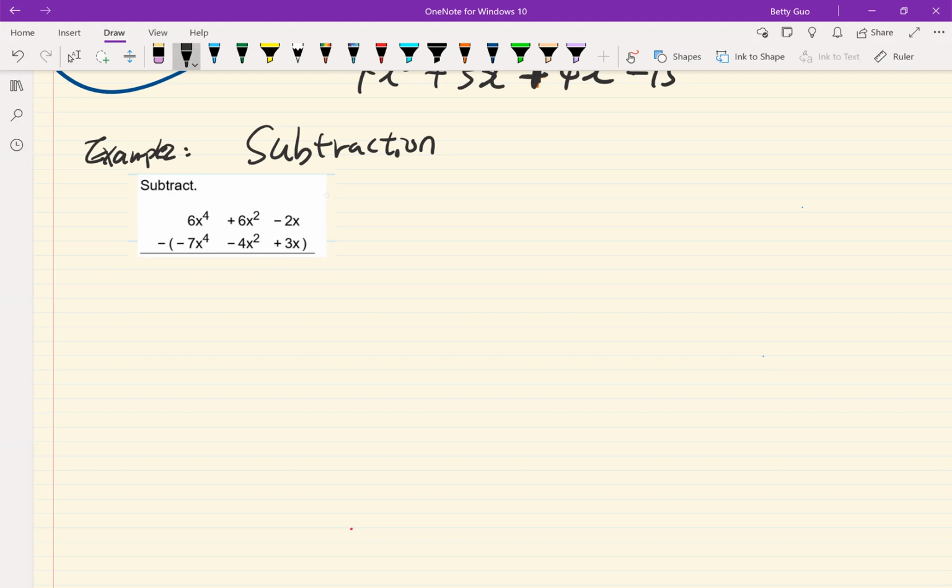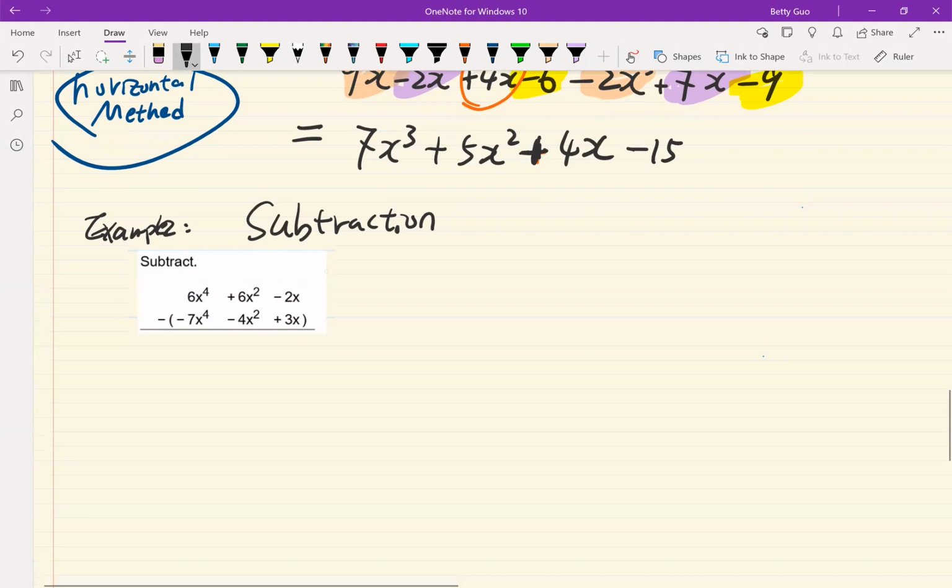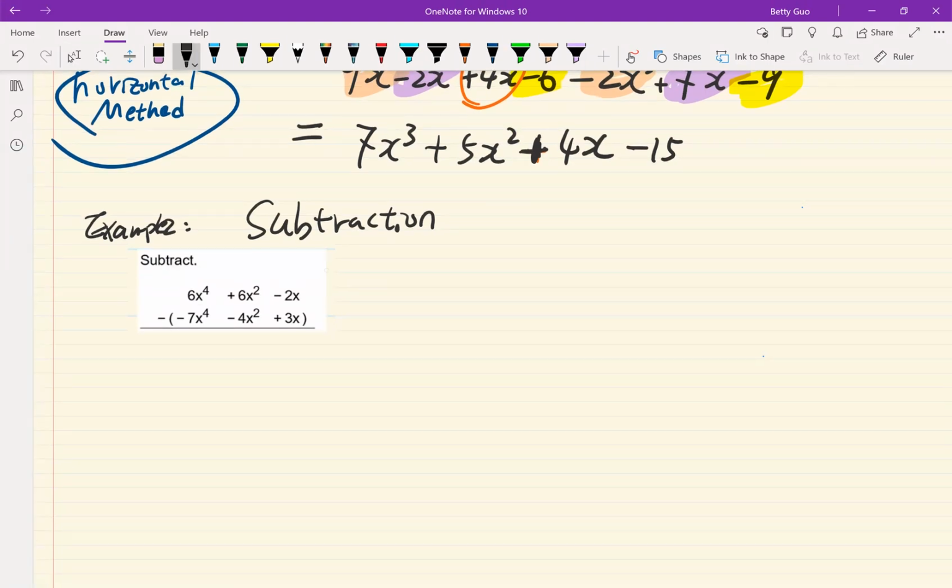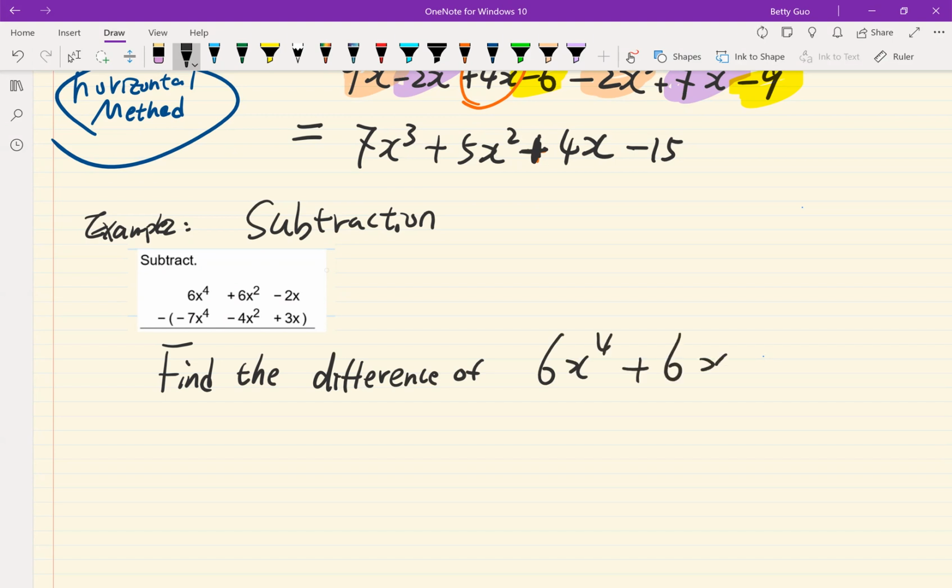So in this case, let me write it down. Find the difference of 6x fourth plus 6x squared minus 2x and -7x fourth minus 4x squared plus 3x.